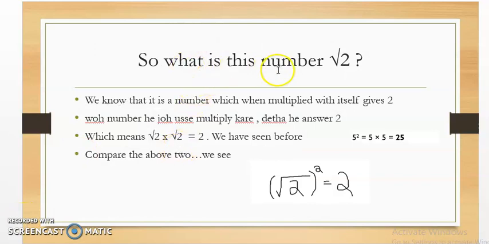So what is this number root 2? We don't know what this number is, but what we know is it is some number such that when we multiply that number with itself, we will get 2, just like we saw in 5 times 5 is 25.